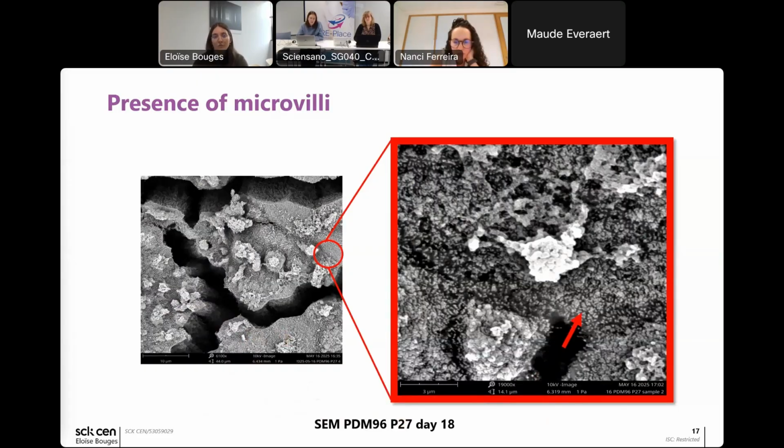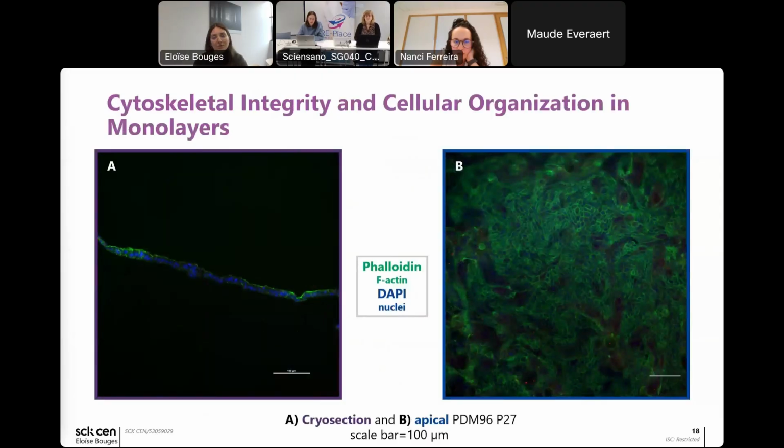To have a bit more information on the structure of the monolayer and how the cells are organized together, we also did some immunofluorescence imaging to have an idea of the cytoskeletal integrity and also the organization of the cells together. So here on the left, you have a cryosection. So you can have a look at the monolayer from the side to have an idea of how the cells are organized.